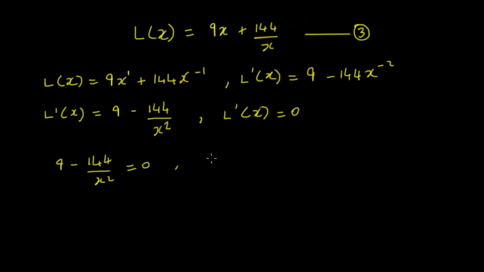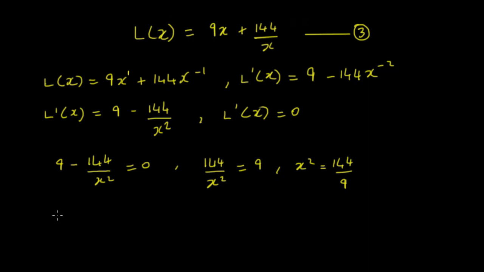We can then rewrite that as 144 upon x squared equals 9. So therefore x squared is going to equal 144 divided by 9.